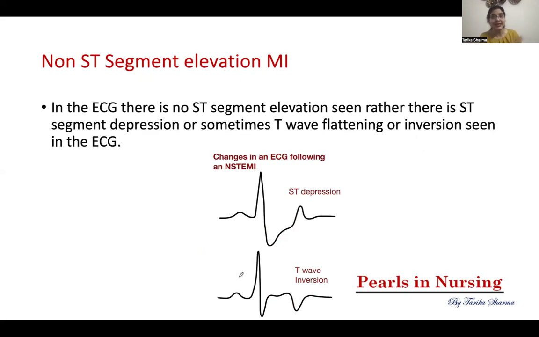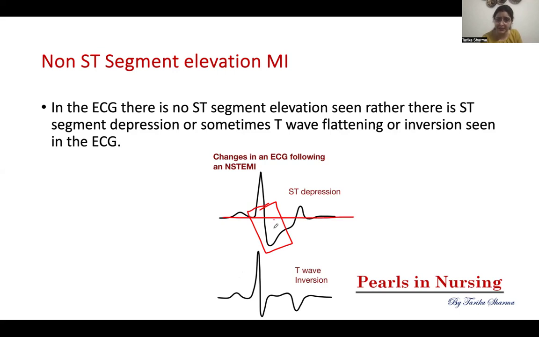Then comes the next type of myocardial infarction, which is the non-ST segment elevation MI, also known as NSTEMI. What will happen in this? The patient will not have the ST elevation, but rather the person might have ST segment depression or sometimes flattening of the T wave, or inversion of the T wave also. So here you will see that a person is having the ST depression. Normally, like we have talked about, this ST segment should be on the isoelectric line.